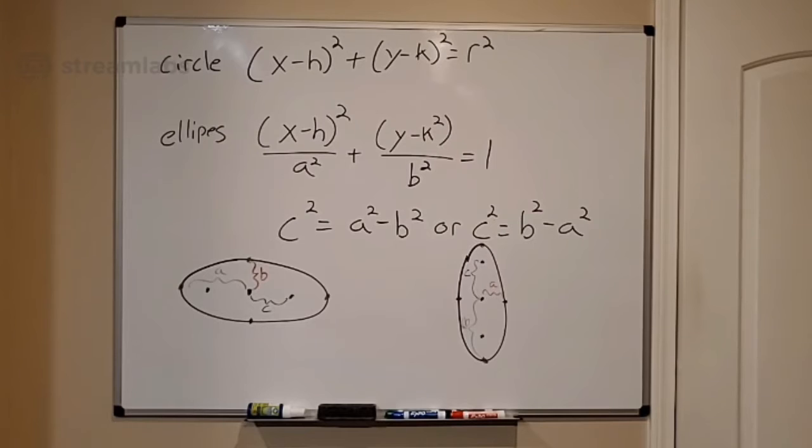So there's minor vertices too? We don't really label them as minor vertices in this unit on ellipses, but that's what a lot of people would refer to them as, because they are the vertex that's on the minor axis. Because on the right one, it's the distance of A. Correct.